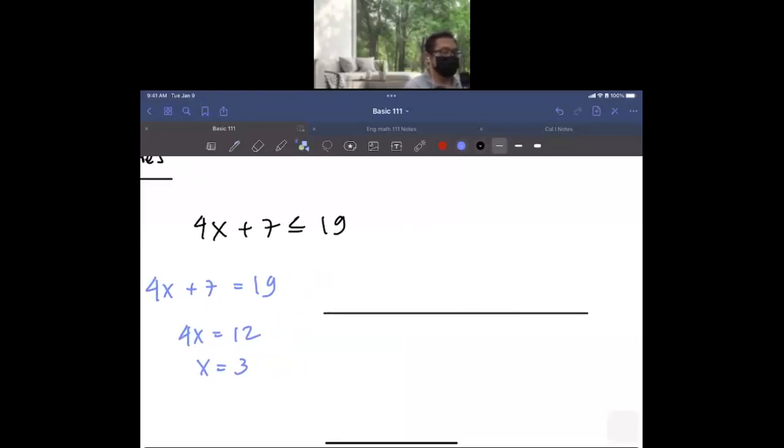So if we draw our number line, which is important for any inequality, let's say we have 3 here. If it is just a normal equation, then the solution on the real line is just this 3, right?